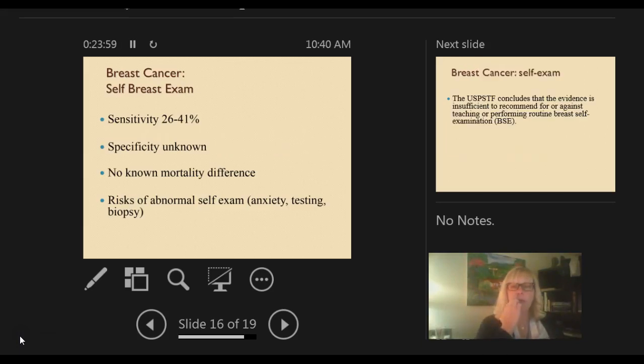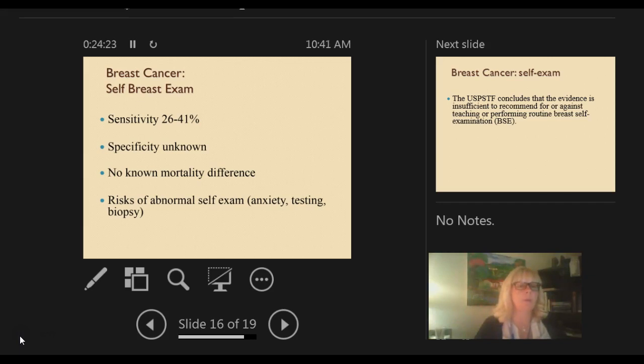And if you look at other societies' guidelines, we're pretty much in line, although some of them will say yearly mammography. Insurance, we usually go along with the trend of every year. I do with my patients. I'm very much in early detection with breast cancer, so the insurance pays for it and I get one every year.